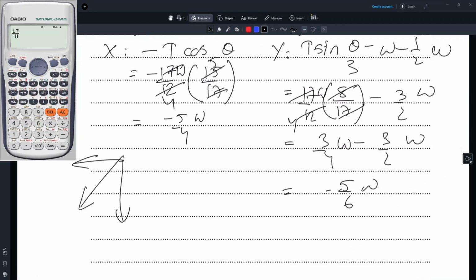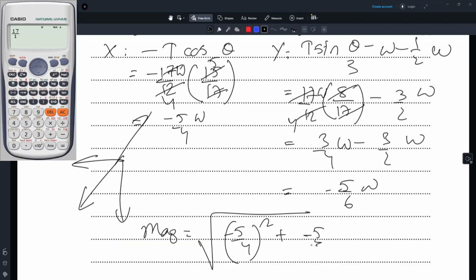However, because this is about the hinge at exact point there, when it comes to the hinge, I need to do opposite, which means this direction. Which means that first of all, I need to find out the magnitude. The magnitude is going to be root of this whole square plus this whole square.